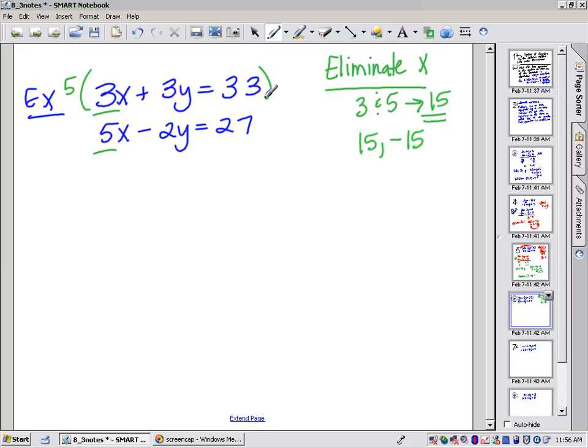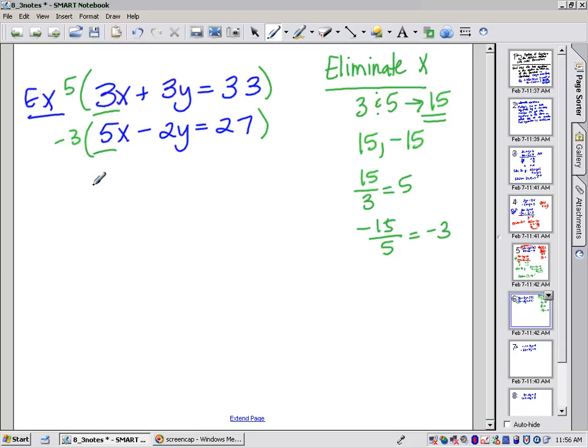So that's my multiplier there. To make the second equation negative 15, I have to say 5 goes into negative 15 a negative 3 times. Okay, so did you see what I did? 15 divided by the coefficient of x, which is 3, and then negative 15 divided by the coefficient of x in the second equation, 5, is negative 3. So that's how I determine what I need to multiply by.